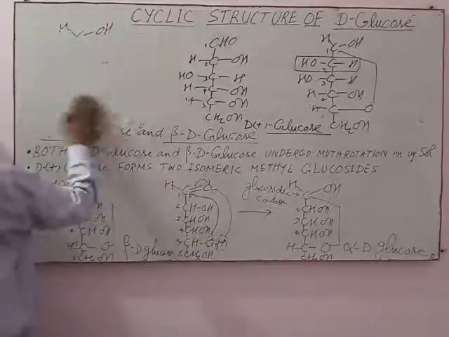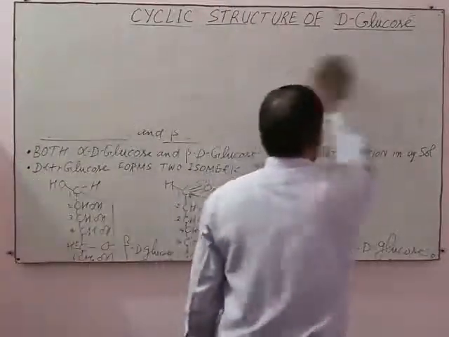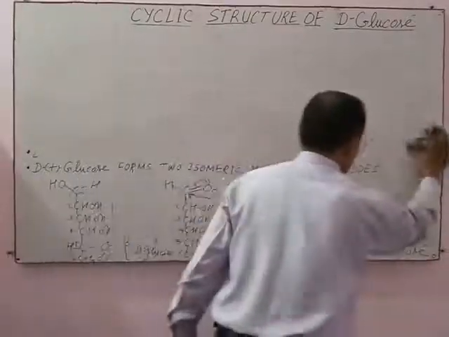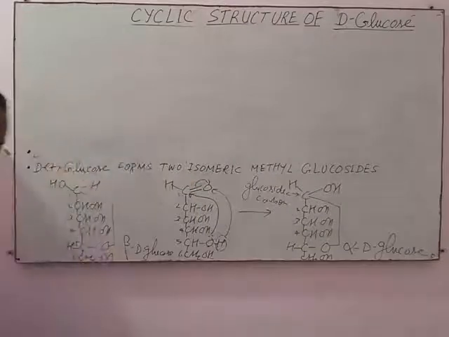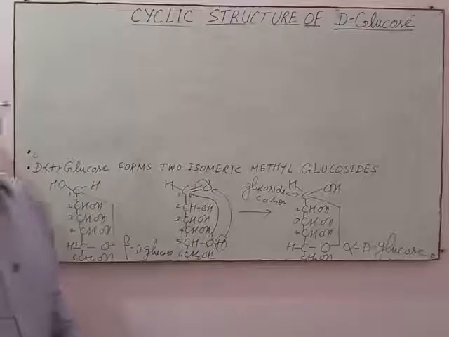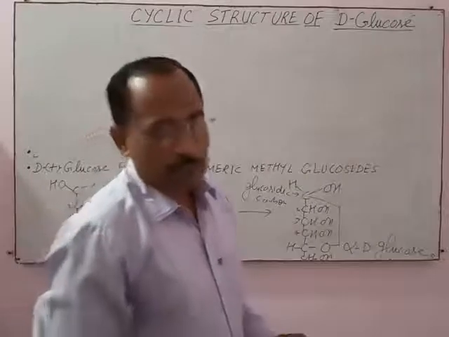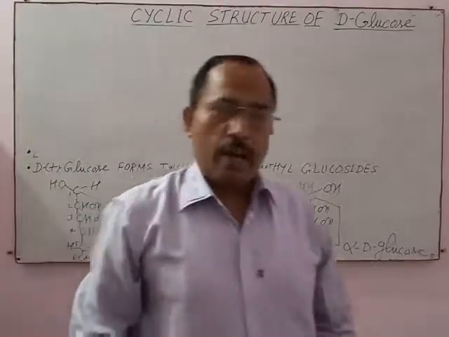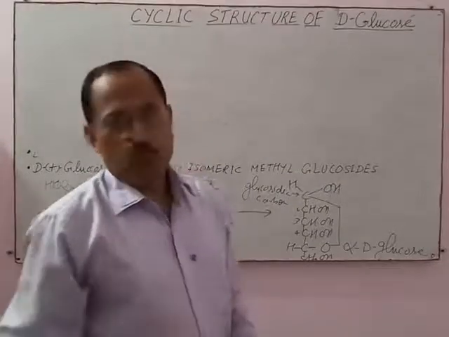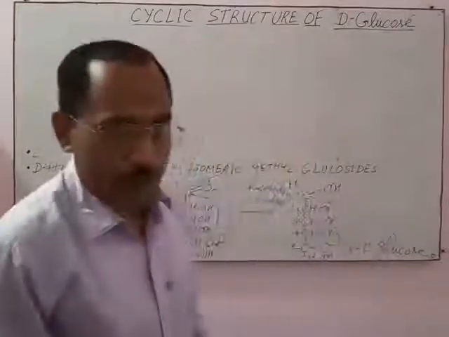What is mutarotation? Mutarotation means the spontaneous change in the optical rotation of an optically active organic compound in aqueous solution to attain the equilibrium value of optical rotation.